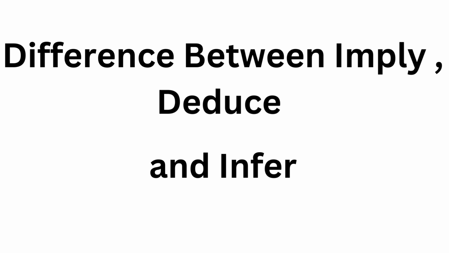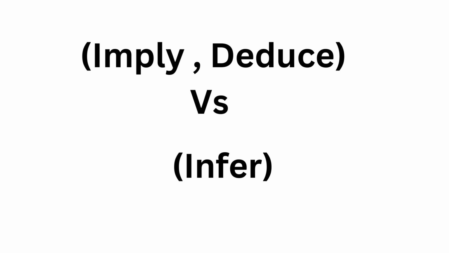Imply and deduce belong to the same category and we may simplify it as imply, deduce versus infer, because carefully looking at these words, we can say that infer is starkly different from imply and deduce. So, to simplify it, we can make two categories: one category of imply, deduce, and the other category is infer.